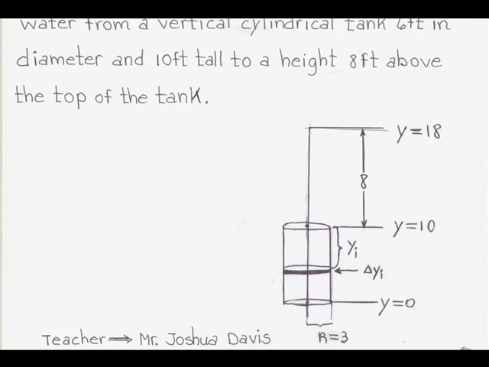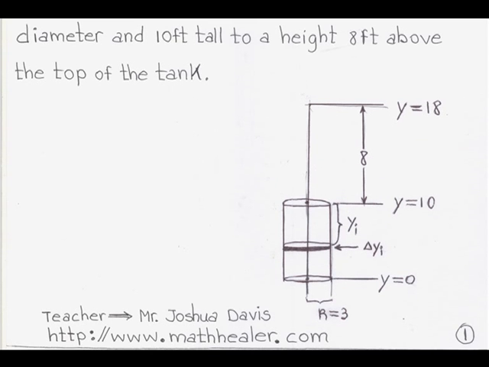I will now move it up so you can copy the representative diagram that's drawn here. Please observe that the bottom of this cylindrical tank is acting as the x-axis. That's why y is 0 here. The y-axis is going through the center line of this symmetric cylindrical tank. We have a representative disk here. And think of this disk as being microscopically high.